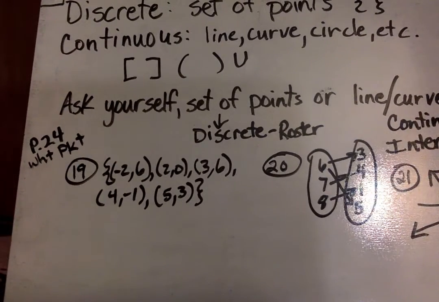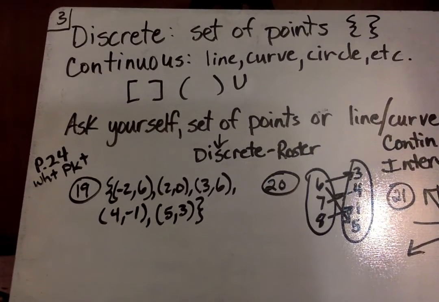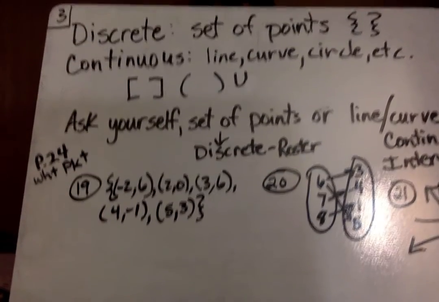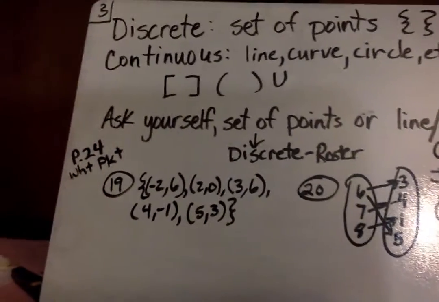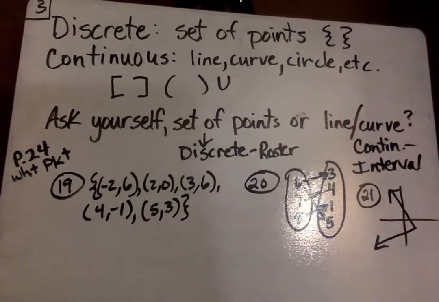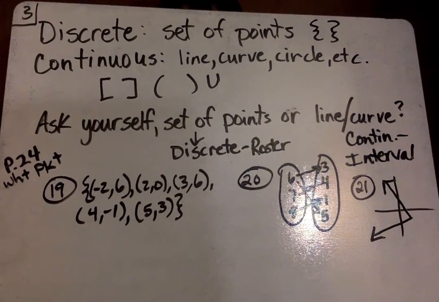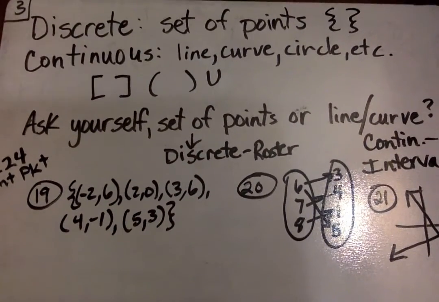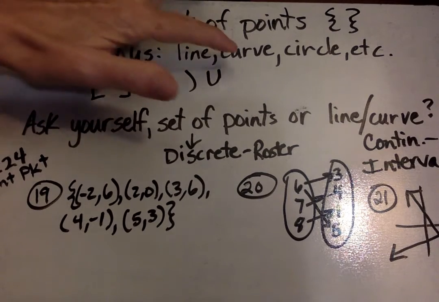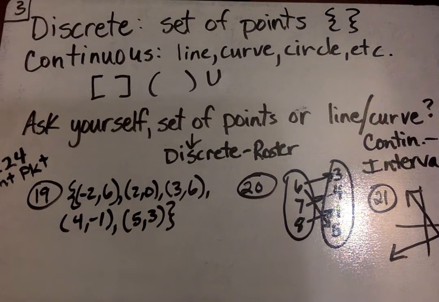Okay? So just as a reminder, discrete is a set of points. And continuous is a line or curve or circle, etc. As long as there's some kind of connection, it's continuous.